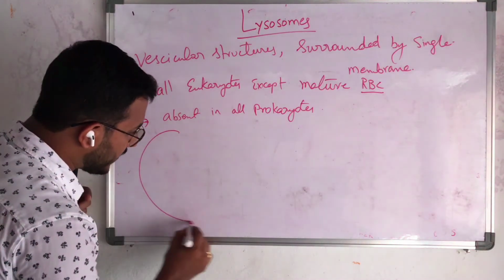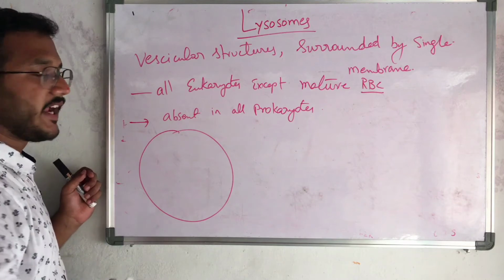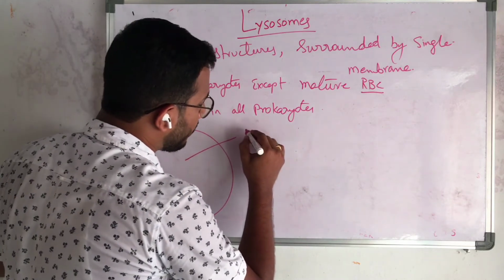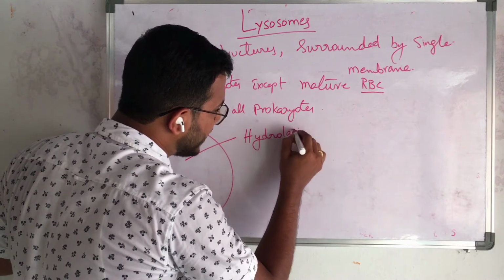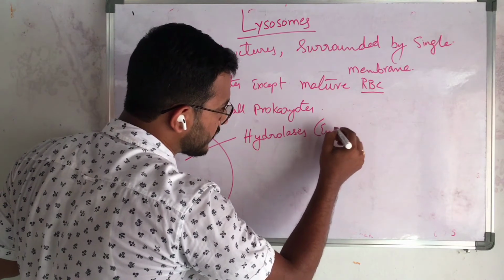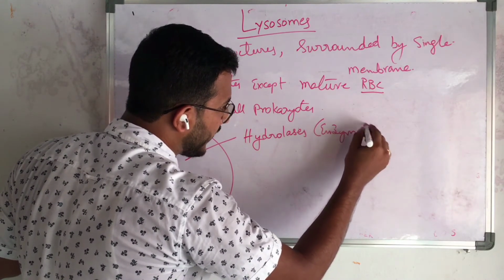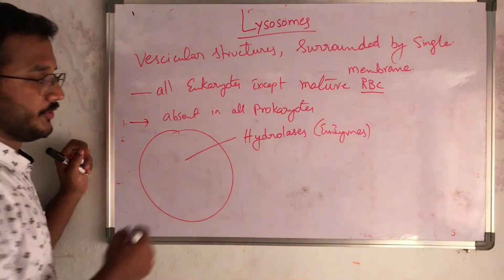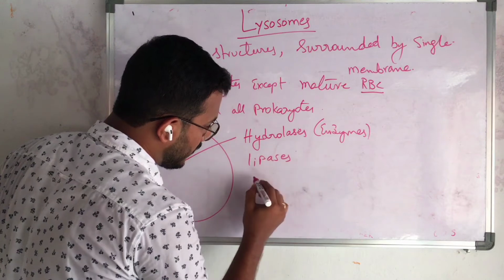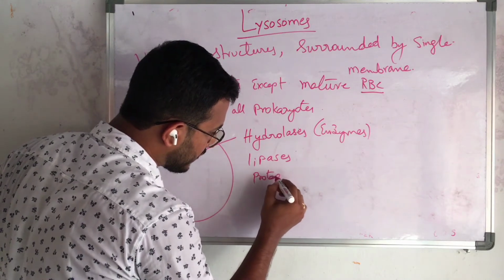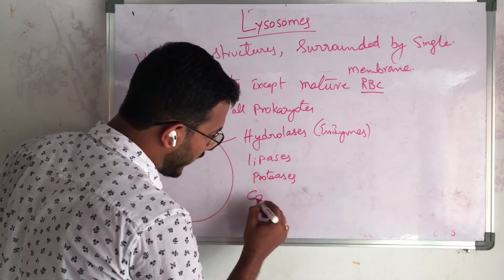So lysosome is a vesicular body, and inside we have so many hydrolases. These are hydrolytic enzymes. What are those? Lipases, proteases, carbohydrases.